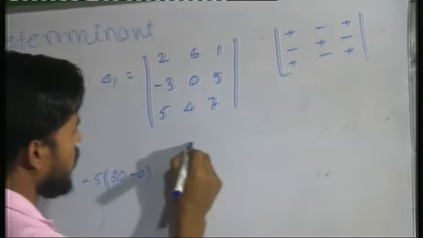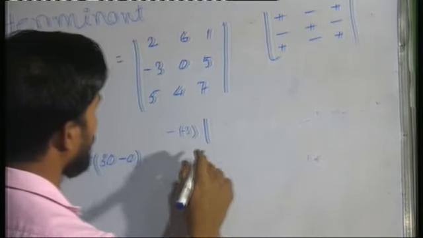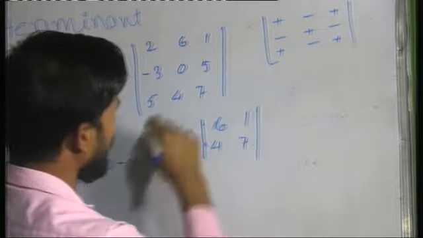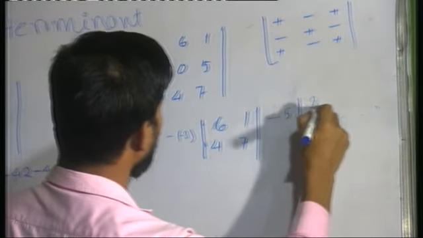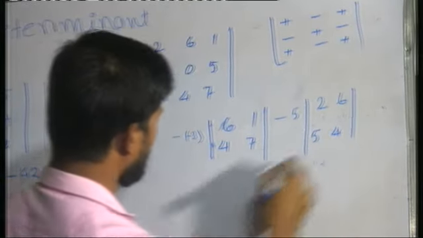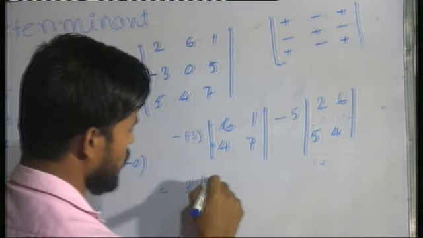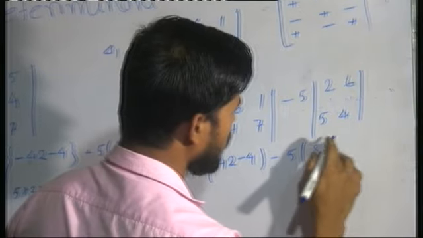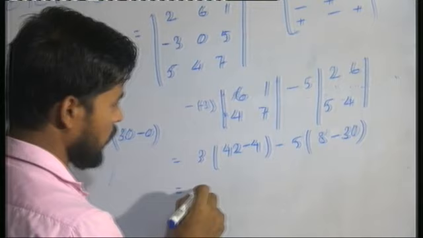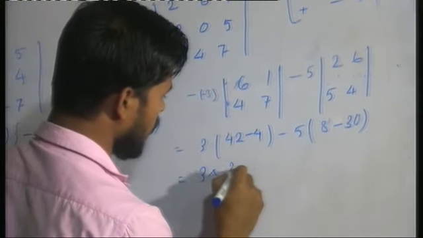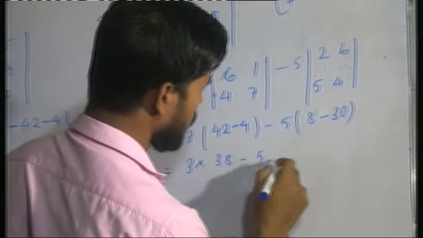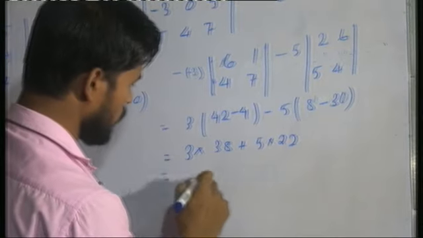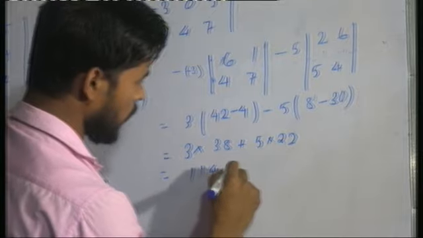So minus of minus 3, determinant of 6, 1, 4, 7, and 0, minus 5 of 2, 6, 5, 4, that is equal to 3 into 6 7 is 42 minus 4, and minus 5 into 2 4 is 8 and 30, that is 3 into 38 minus 5 into minus 22, so that is equal to plus.